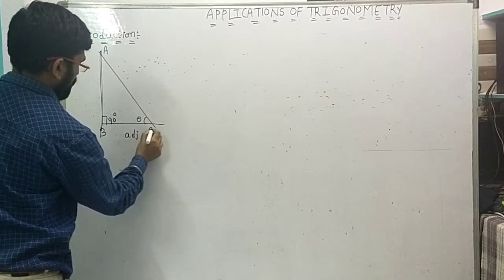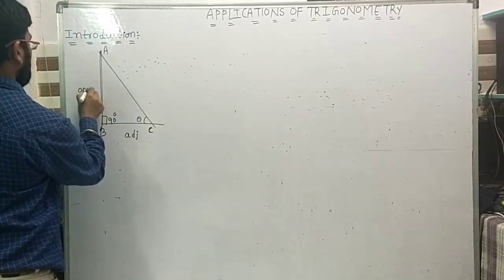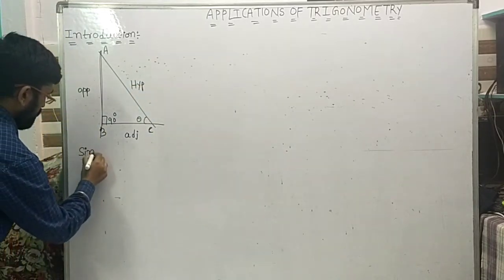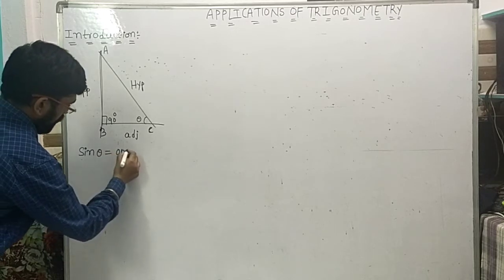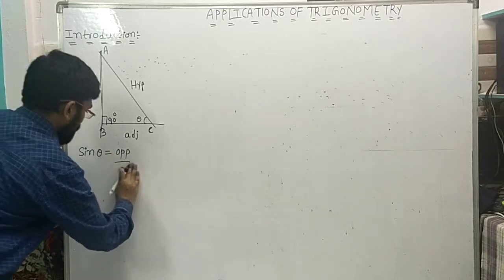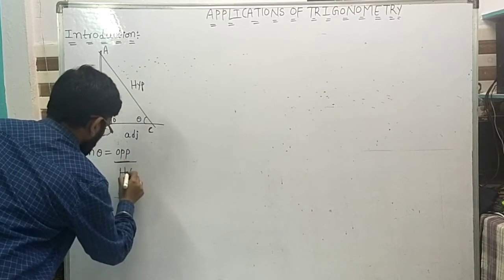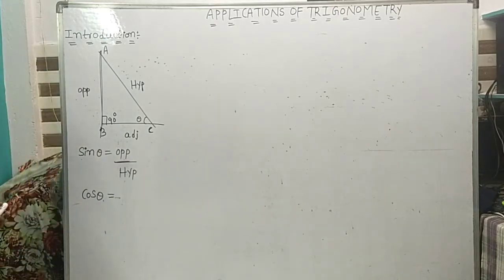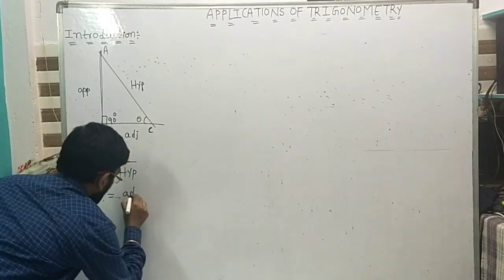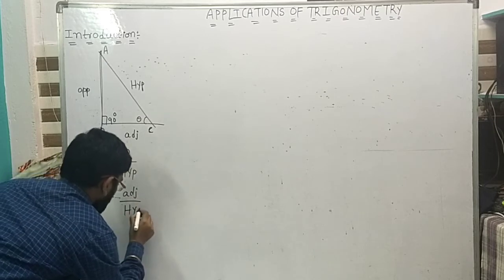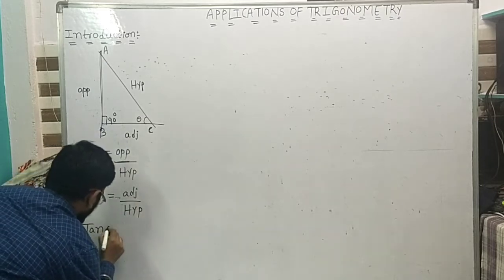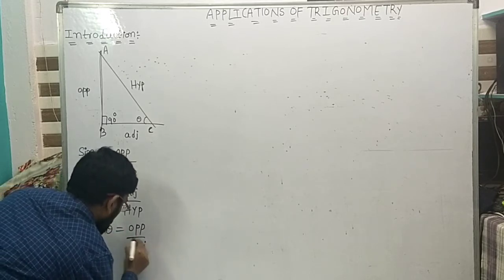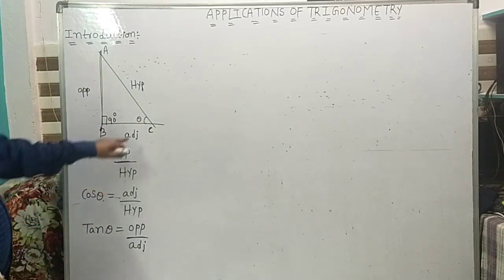Then this side is adjacent, this is opposite, and this is the hypotenuse. sin theta equals opposite by hypotenuse, cos theta equals adjacent by hypotenuse, and tan theta equals opposite by adjacent.